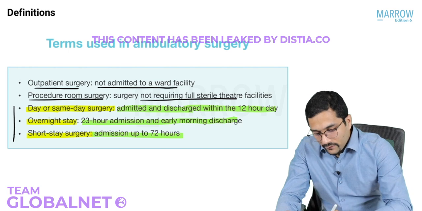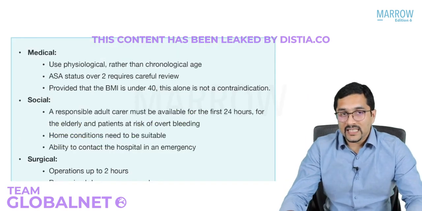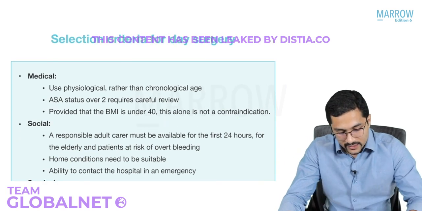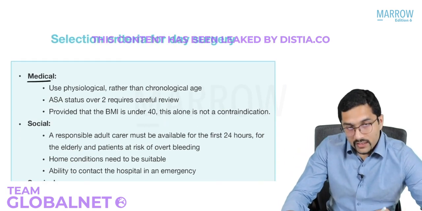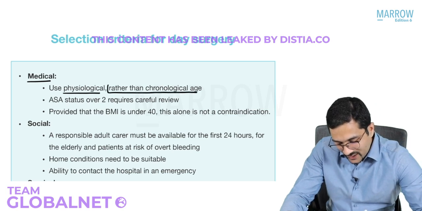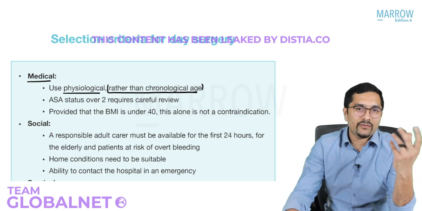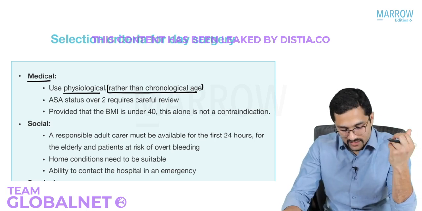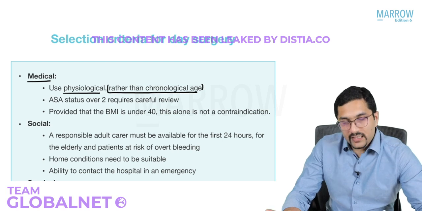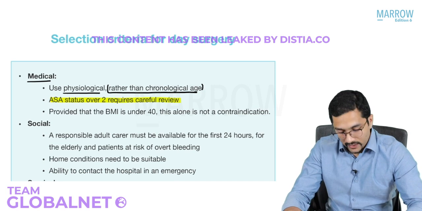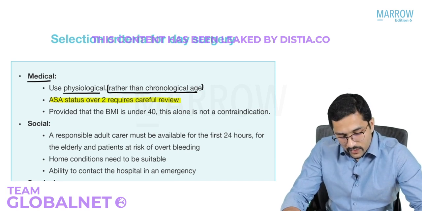Okay. So the first thing which we need to know, what are the selection criterias for daycare surgery, right? Medically, we should use the physiological age rather than the chronological age. So we should not see whether the patient is 40, 50 or 60. We should see the physiological age, how functionally active the patient is. ASA status you've already read in anesthesia. Any ASA status over 2 requires careful review.